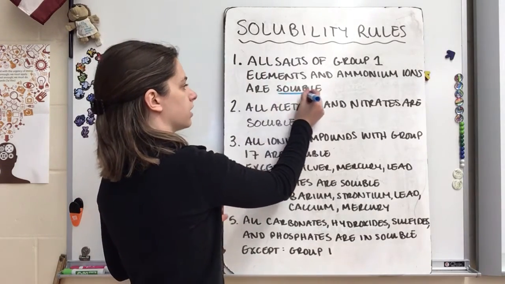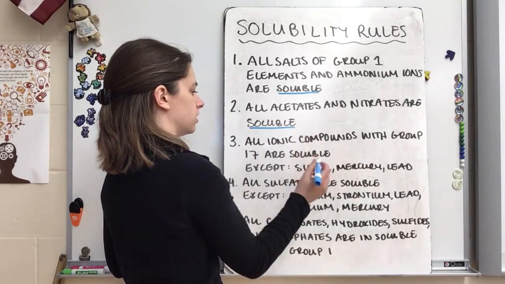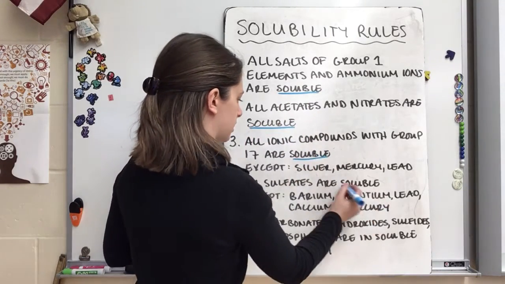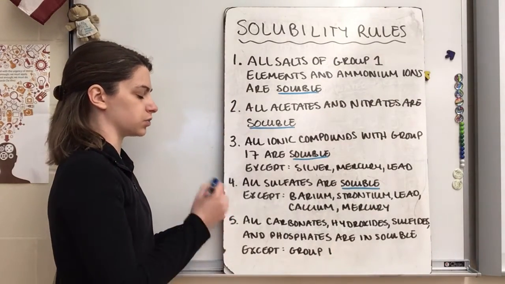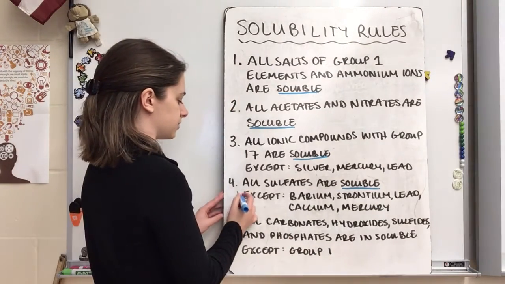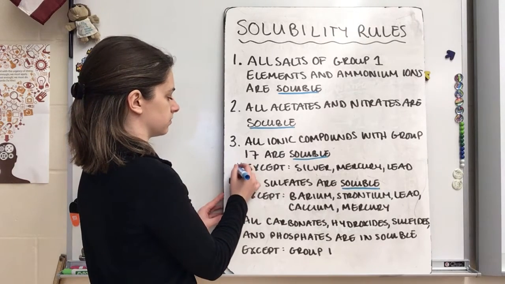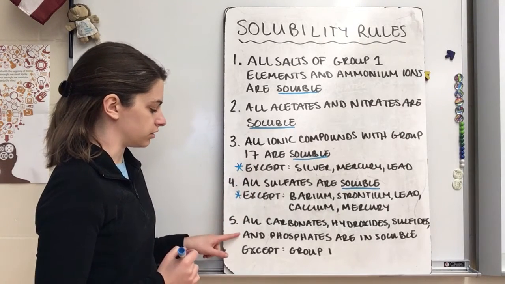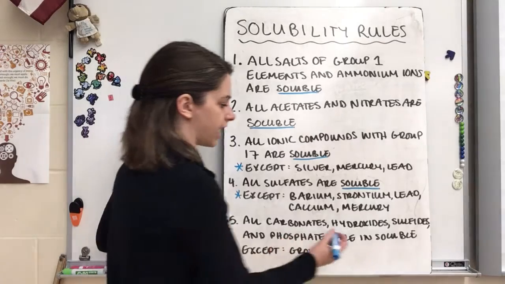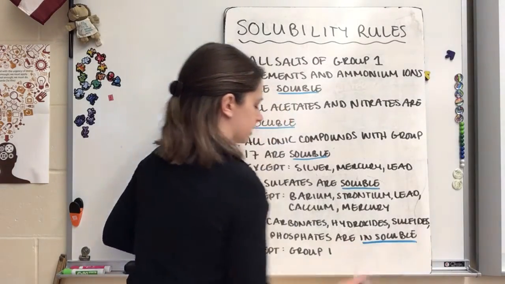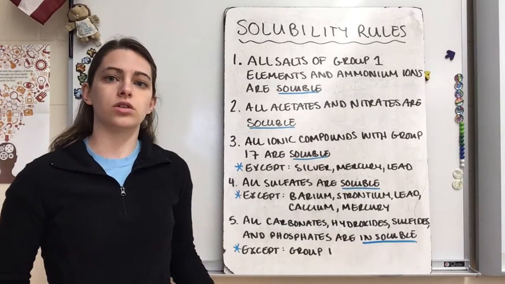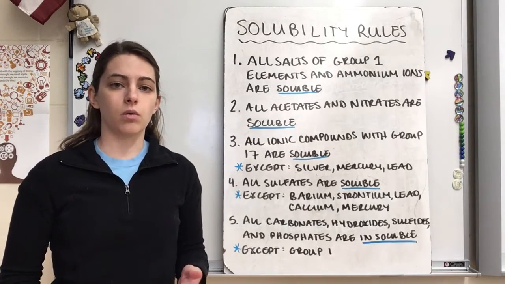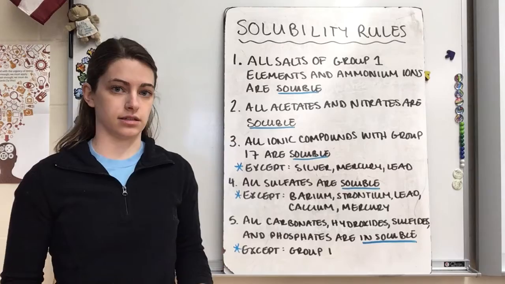Rules 1, 2, 3, and 4 talk about which ones are soluble, except don't forget the exceptions. And then our rule number 5, those are insoluble, and then our exceptions are group 1s. So keeping these in mind, we're going to walk through 2 practices.